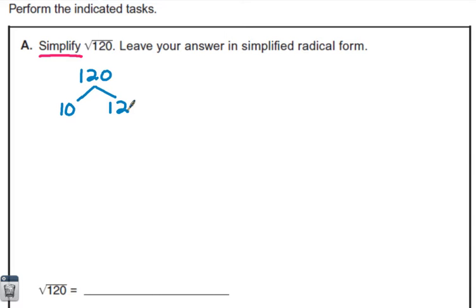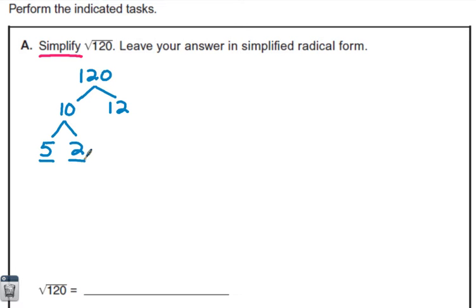Well, I'm going to start with 10 and 12, even though it doesn't matter how you start. You could have picked 40 and 3 or 2 and 60. But you keep breaking down these factors until you can't break them down anymore.